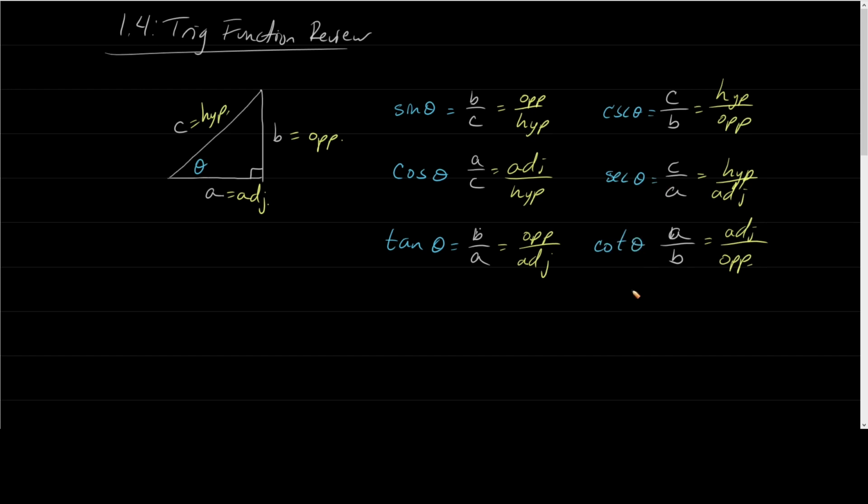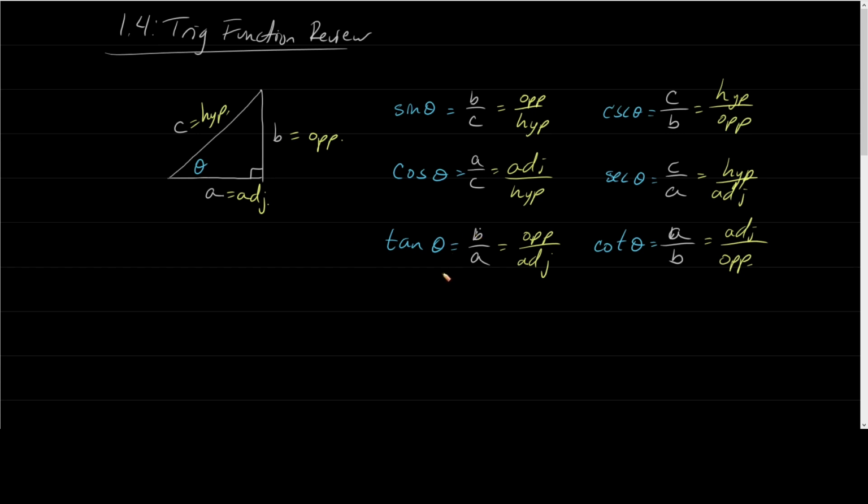Notice that all the ones on the right hand column over here, these are all the reciprocals of the left hand column. So the reciprocal of sine is cosecant, the reciprocal of cosine is secant, the reciprocal of tangent is cotangent. All right. So in here, these are the 6 trigonometric functions.